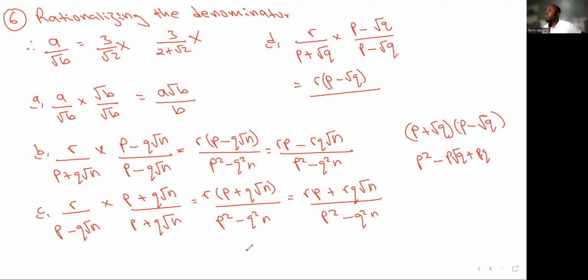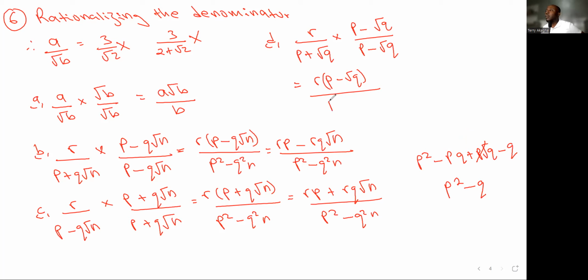Root Q times minus root Q gives minus Q. So you're left with P squared minus Q.